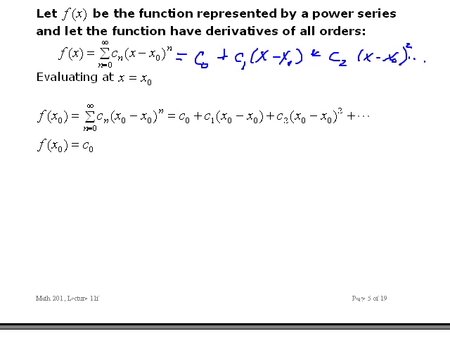Now I'm going to evaluate at x naught. When I evaluate at x naught, this term right here becomes x naught minus x naught, in other words, 0. This term is 0, and I'm left only with c naught. In other words, the coefficient c naught, the first coefficient, is equal to the function at x naught.